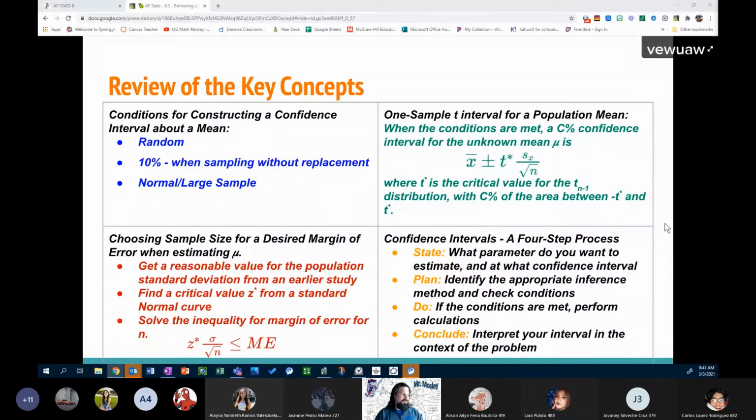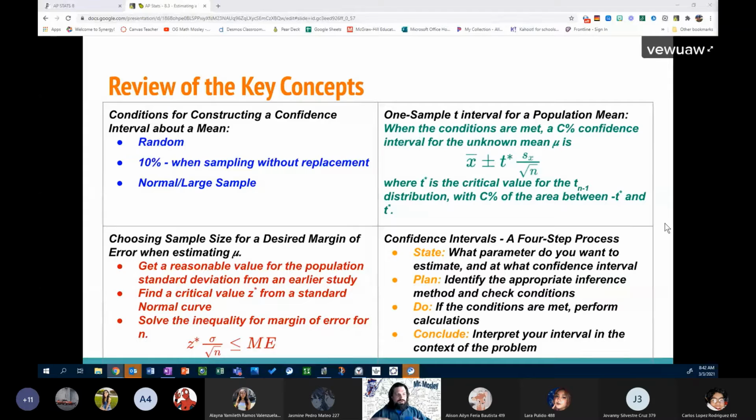We need to be able to find a critical value z star from a standard normal curve. And again, estimating the sample size uses z star, same as we use z star in proportions. So we're going back to table A. Solve the inequality for the margin of error: z star times sigma divided by square root of n less than or equal to margin of error. We solve for n.